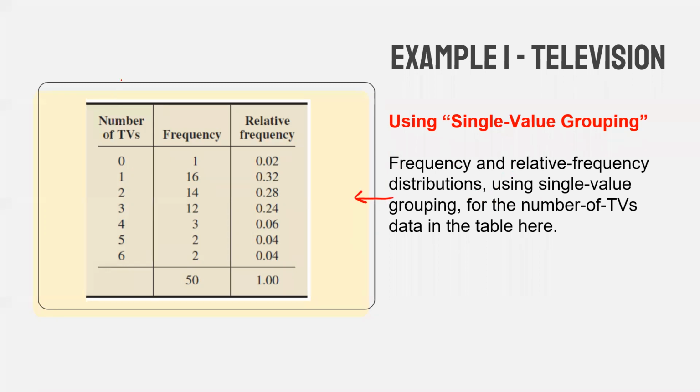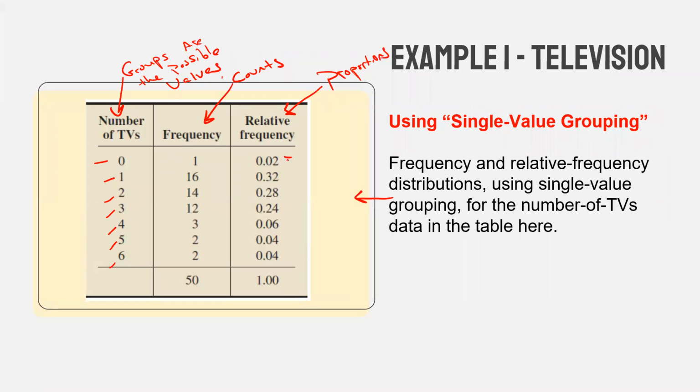All you did was make your classes, or your groups, the possible values. So you had the households that had 0, 1, 2, 3, 4, 5, and 6. Then all you have here are the frequencies, the counts of each. From those counts, you can very easily find the relative frequencies, which are the proportions of each.